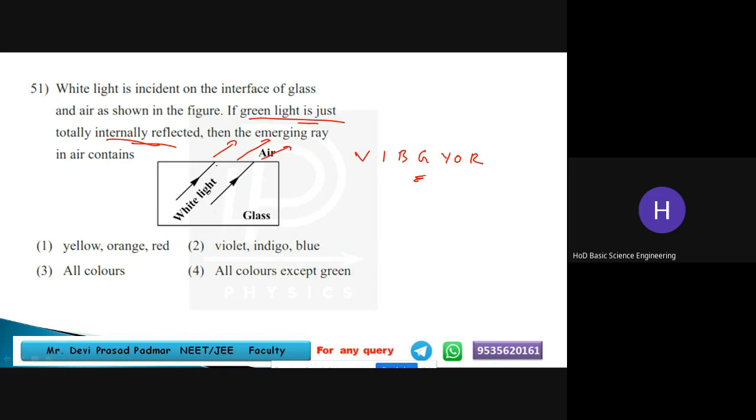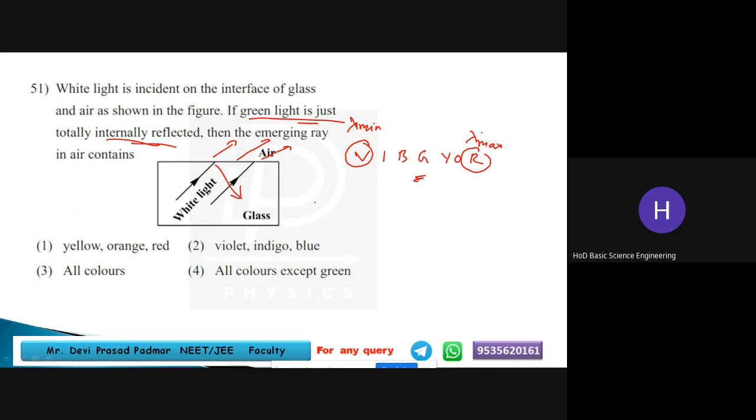So green light is just total internally reflected. You know, red color has larger lambda value, right? For red color, lambda value is maximum. For violet, lambda value is minimum, correct?